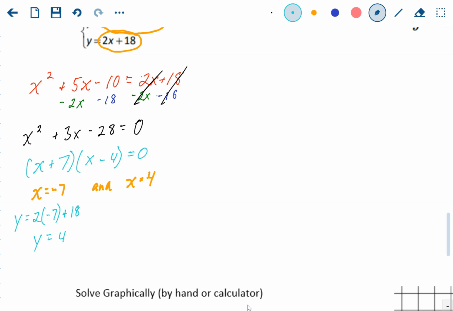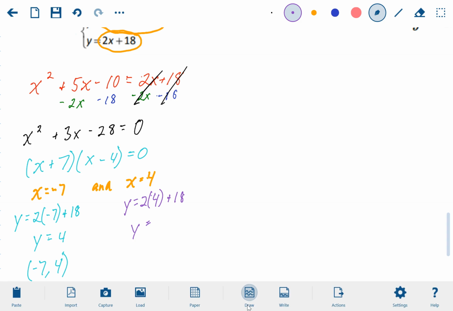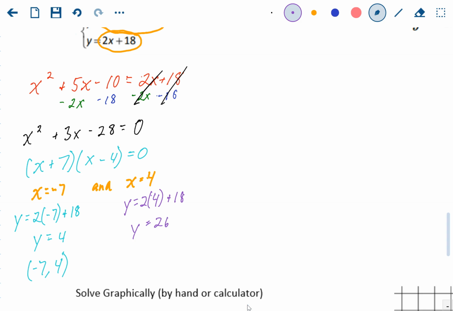Which is going to be the ordered pair negative 7, 4. Okay. Do the same thing on the other side with 4. Okay. The y value is going to equal 2 times 4 plus 18. So y is going to equal 26. Or rather, the ordered pair 4, 26.